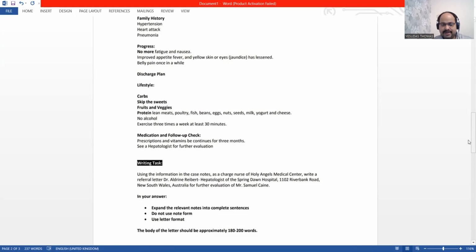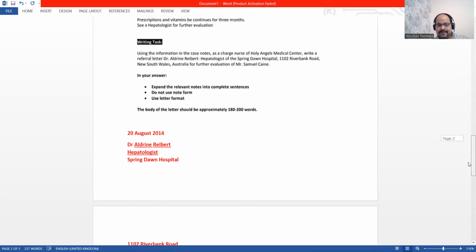All these things are important, because as far as medicines are important, dietary restriction is important as well. Now we can say to see a hepatologist for further evaluation. The other thing, prescriptions and vitamins, we continued for 3 months. We already mentioned that earlier, so it's a repetition there.